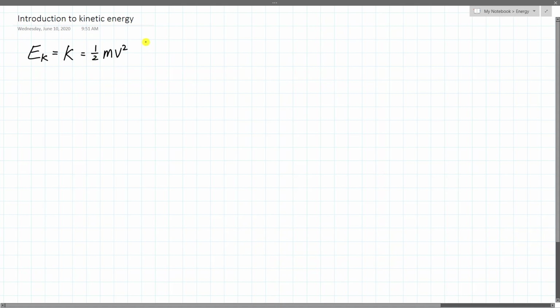Okay, since this is a new concept, let's take a look at the unit. The unit of E_K: here we have mass, and the velocity's unit is length over time, and we square that.